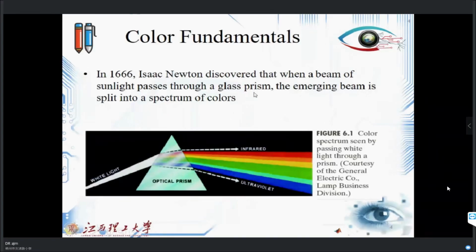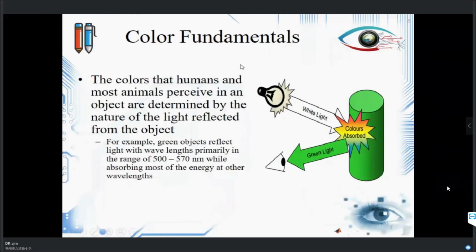The colors that humans and most animals perceive in an object are determined by the nature of light reflection. In other words, color is nothing but the reflection of light by the colored object, something that I show here in the image.